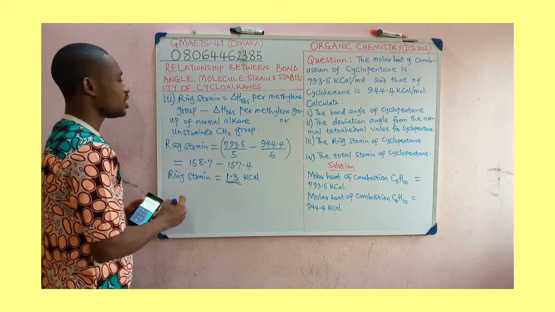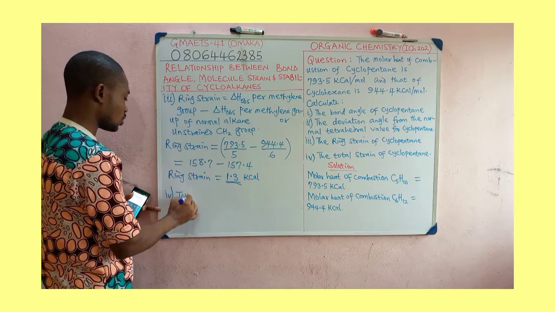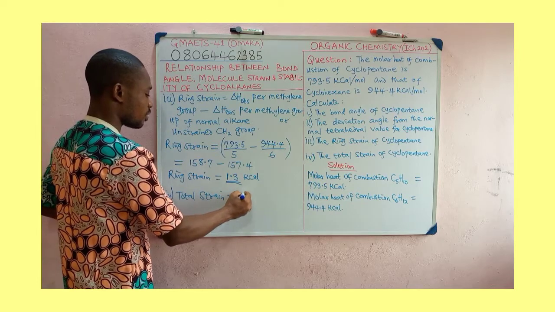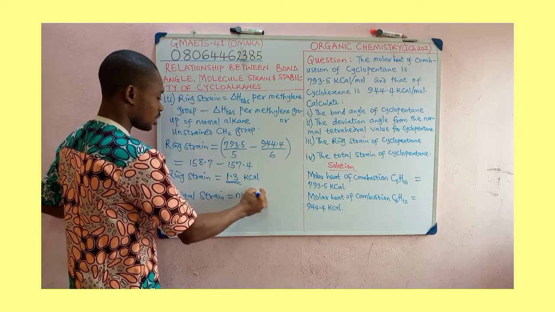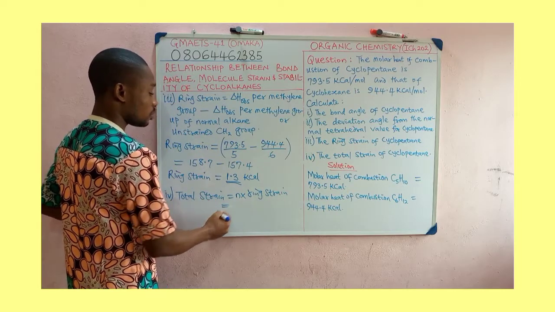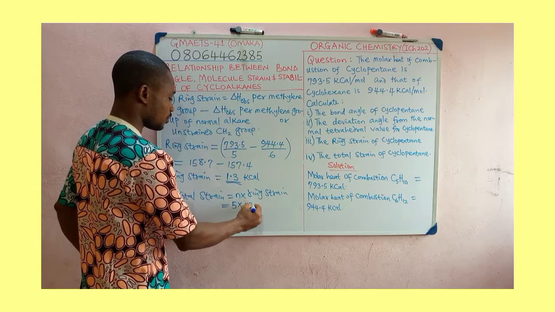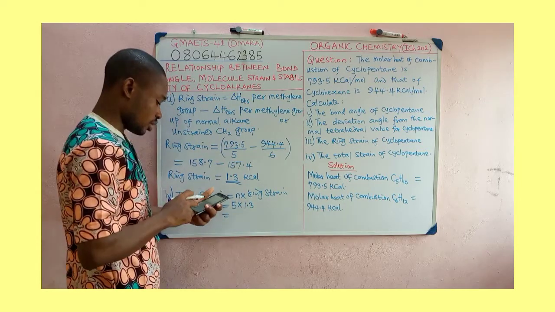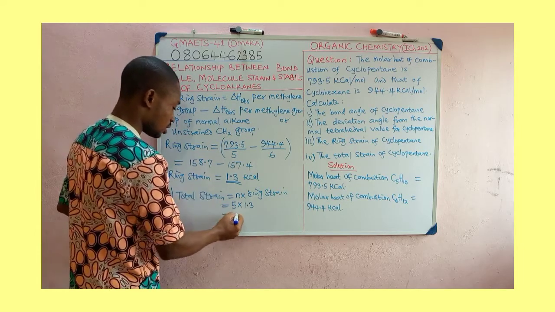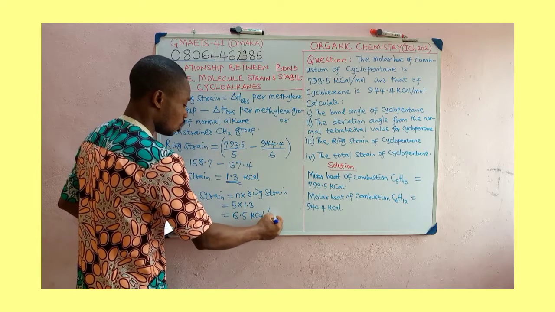Let us get the total strain now and see what it's going to be. Total strain will be the number of carbon atoms times ring strain. So for cyclopentane, it's 5 carbon atoms times 1.3, that is 6.5 kilocalories per mole.